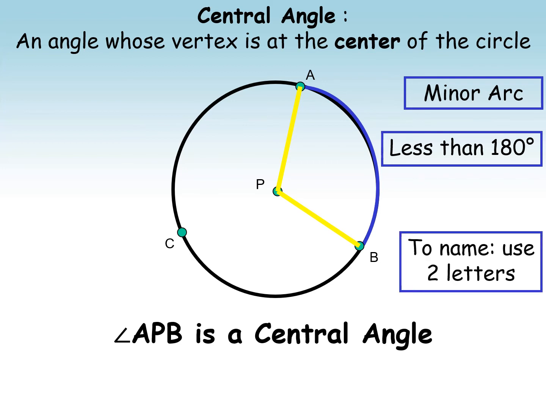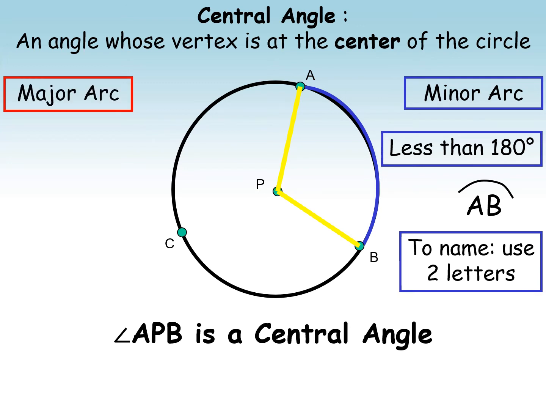And we use two letters to name minor arcs. So we have this one, arc AB, if the direction is clockwise. But if you want to name it with the direction counterclockwise, it is arc BA. It's the same.